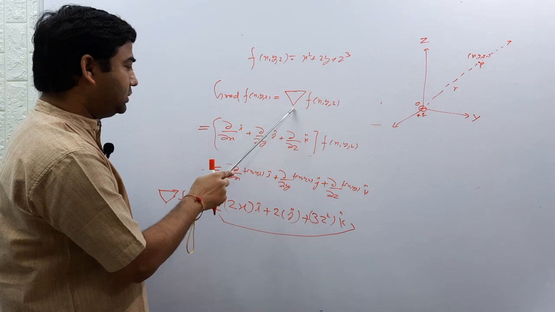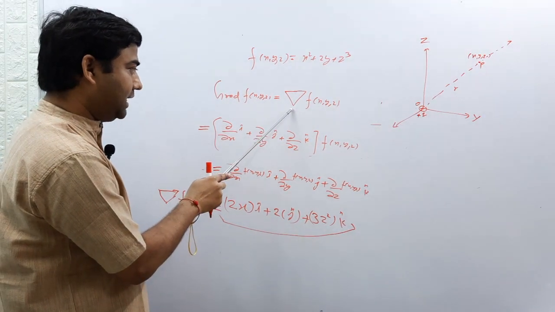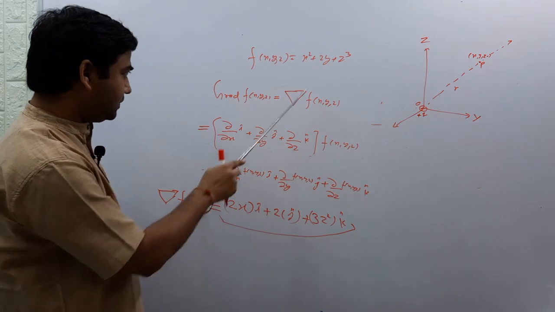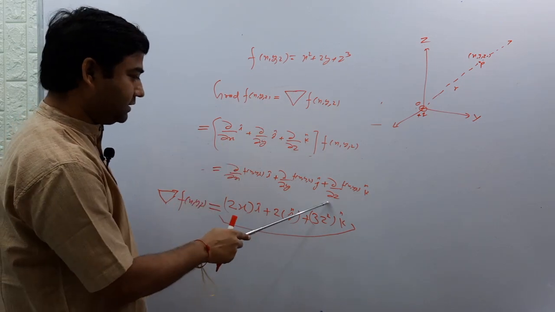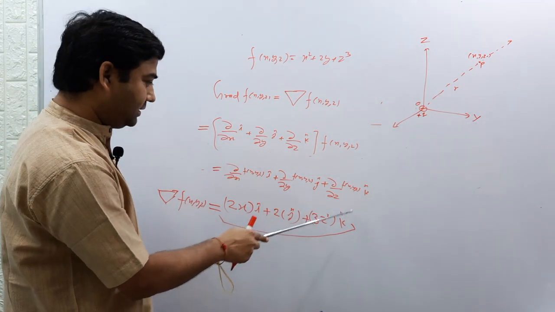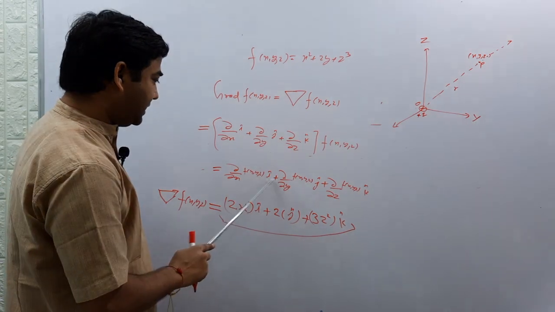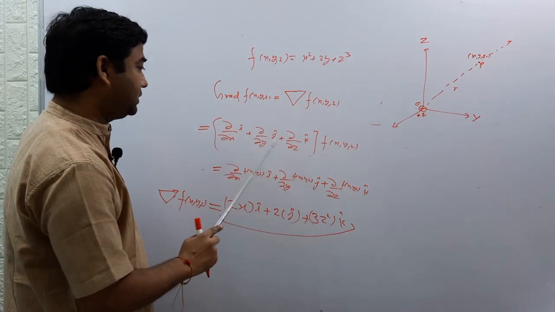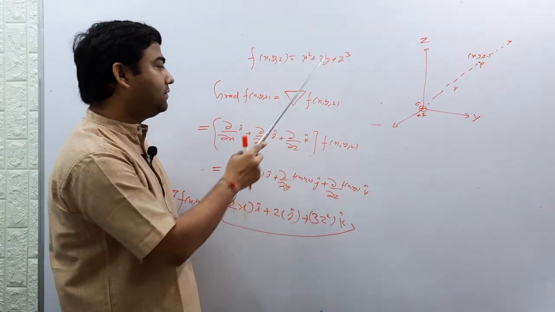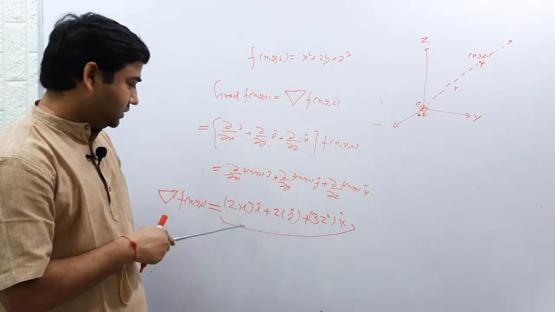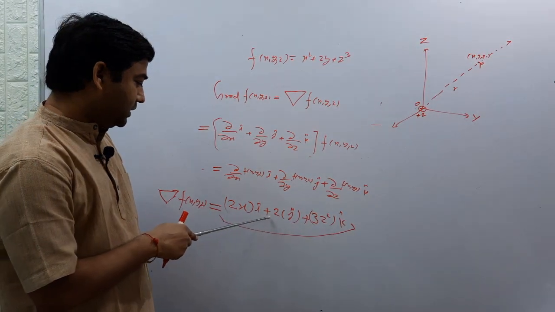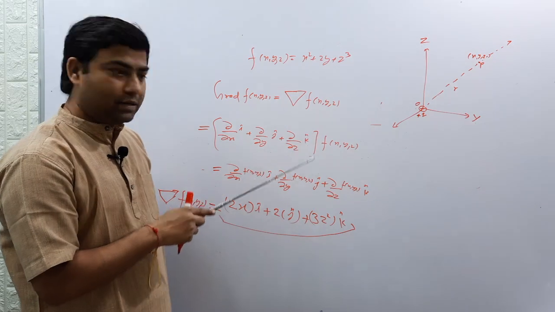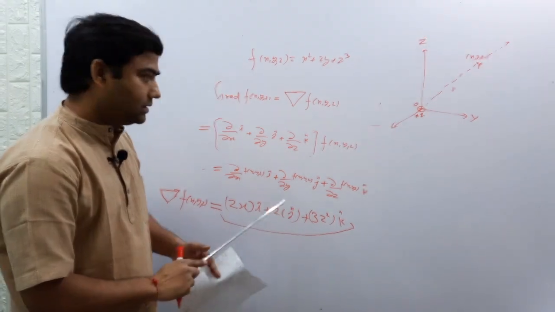When we use this operator gradient, this del operator, to find gradient, we have differentiated this function with respect to x, y, z partially, and i, j, k. The terms i, j, k are used in this del operator, which converts scalar function into vector function. 2x i plus 2j plus 3z square k. This is a vector function.